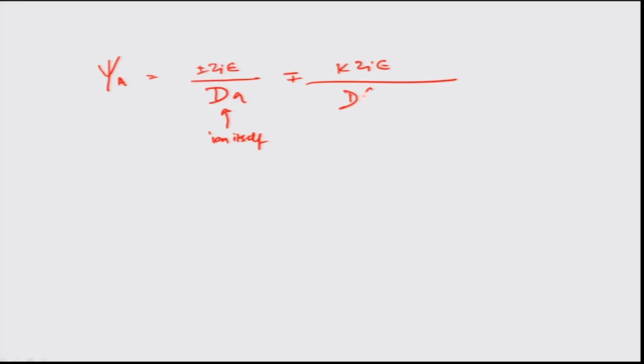So we derived this expression that the total potential psi at A could be recorded as plus minus Zi epsilon d times of A, which is due to the ion itself, and a contribution from the environment, which is minus plus k Zi epsilon divided by d1 plus Ka, where this contribution comes from the surroundings of the principal ion.